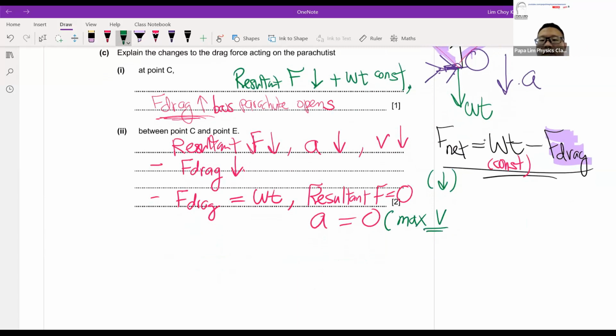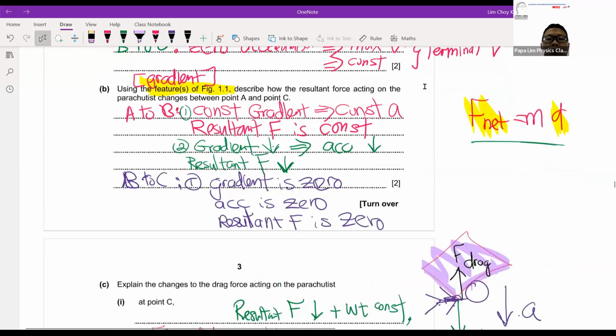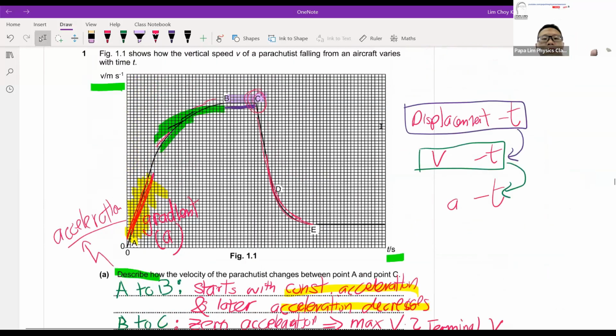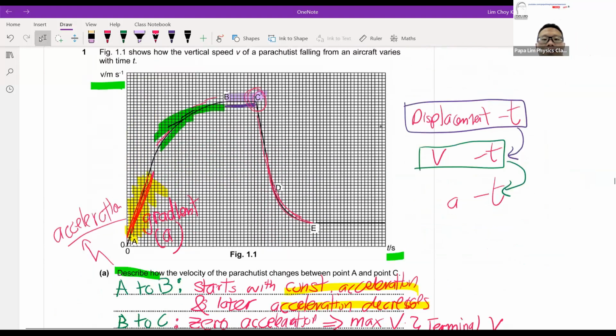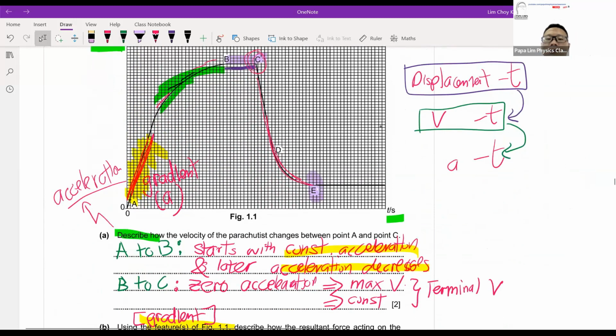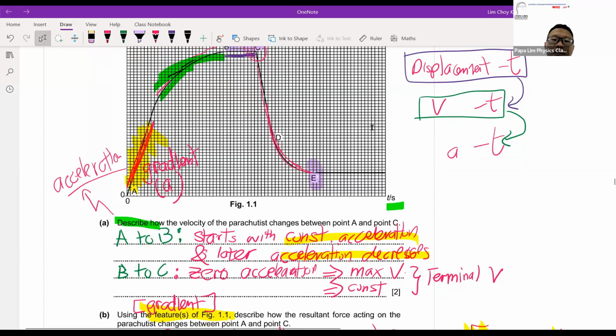But because of all the decrease in acceleration and speed, the parachutist is now dropping down at a slower speed. So as the parachutist drops from C to E, at E, after everything stabilizes, it reaches terminal velocity again. This terminal velocity is smaller than at position C, before the parachute was open, because of the drag force.